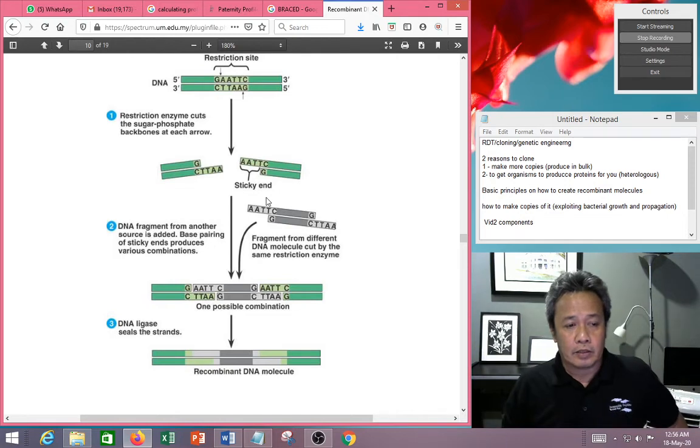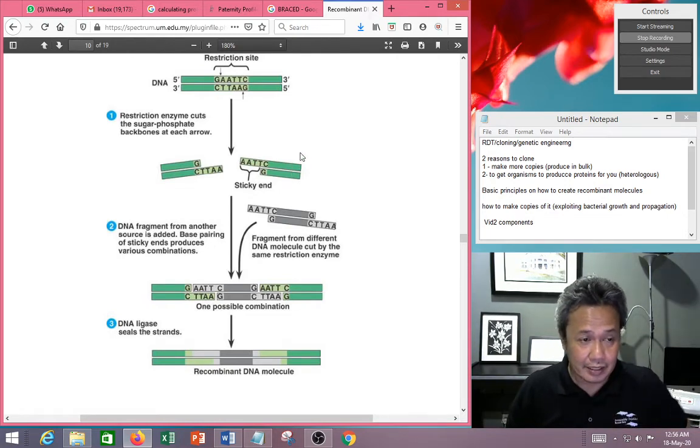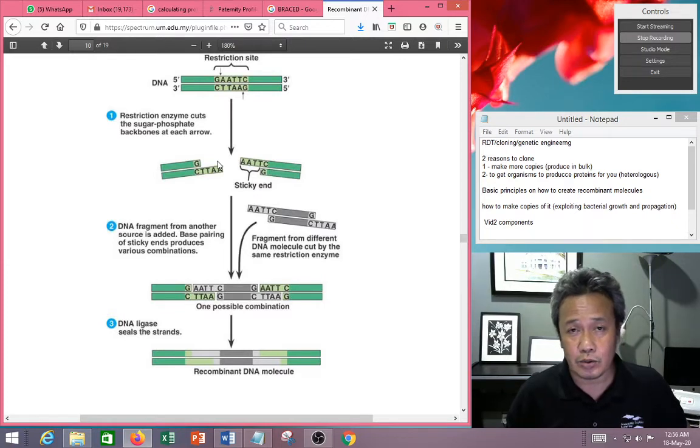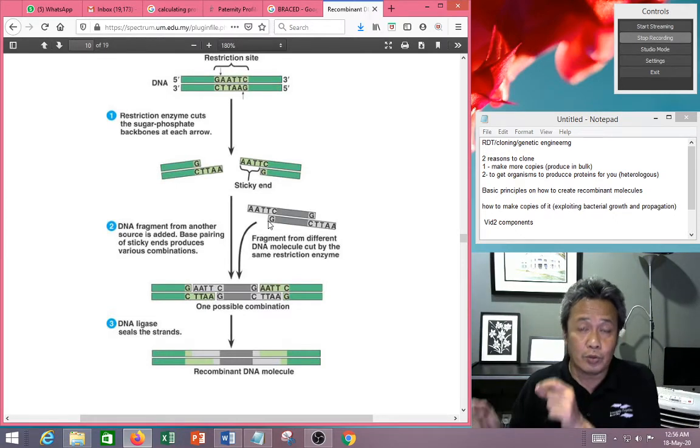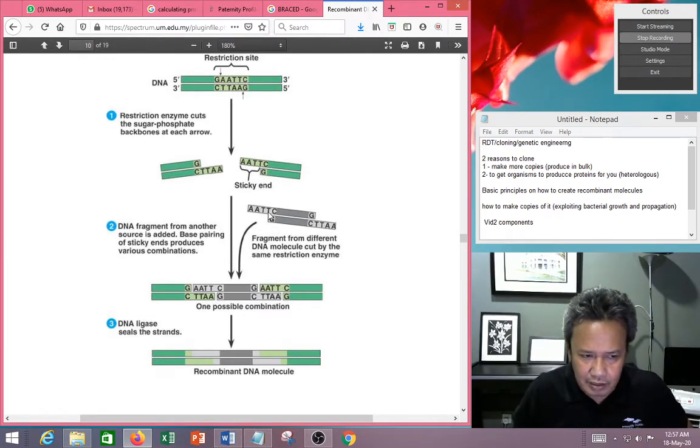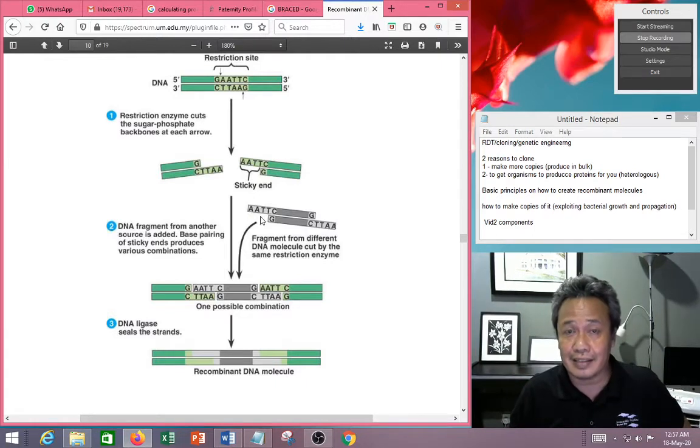Okay, so let's say this green molecule is the vector. You cut the vector with EcoR1, and you cut the fragment that you want to clone also with EcoR1. So this clone also has AATT. This is called protruding ends or sticky ends.